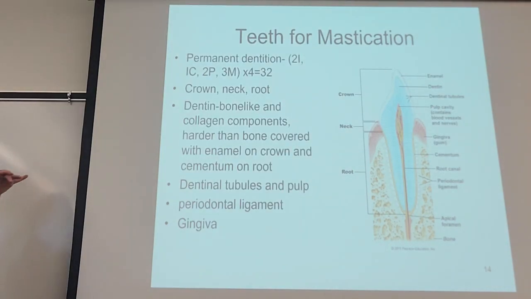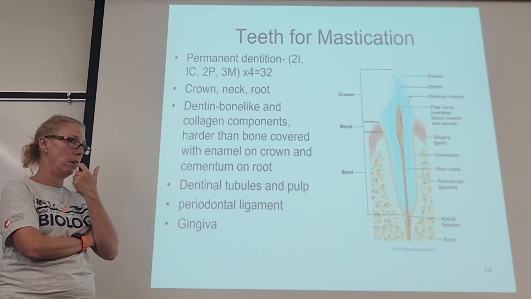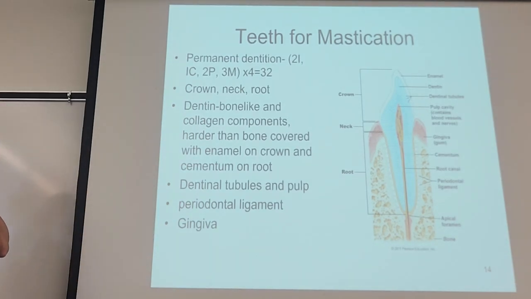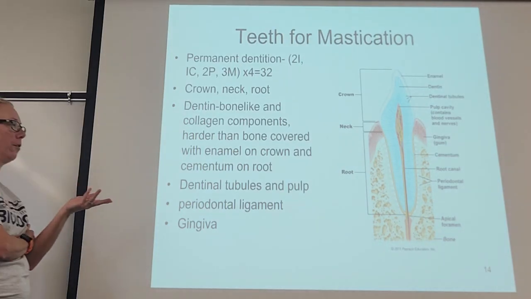You have 2 premolars in each quadrant, so 2 small molars, and then you have 3 adult molars in each quadrant. So that gives you a total of 32 adult teeth.